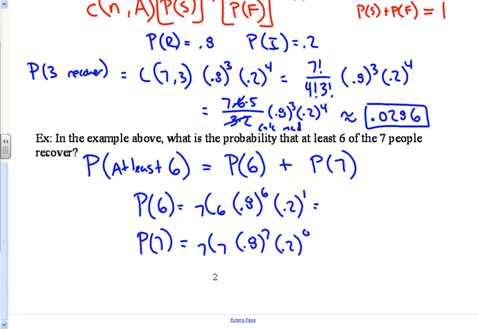So this is 7 factorial over 6 factorial, 1 factorial, which is just 7, times 0.8 to the 6th power times 0.2 to the 1 power, and this is 7 factorial over 7 factorial, which is just 1, times 0.8 to the 7th power times 0.2 to the 0 power, which is 1 again. So I go to my calculator here, and I get approximations.